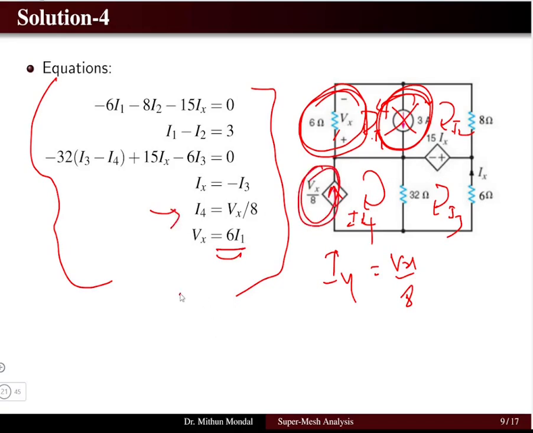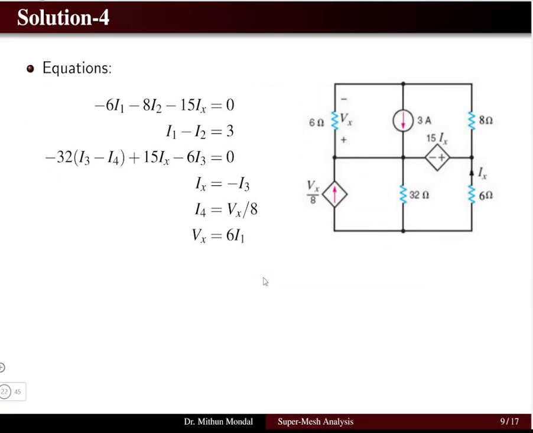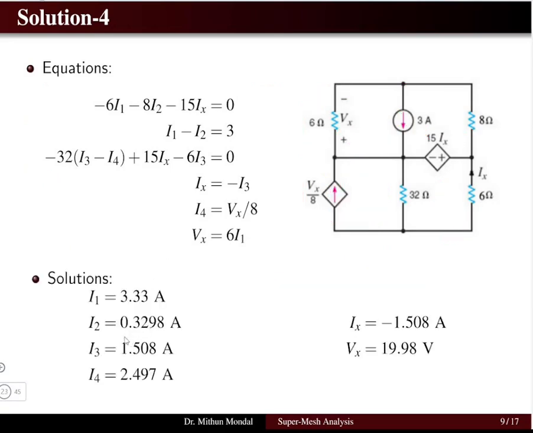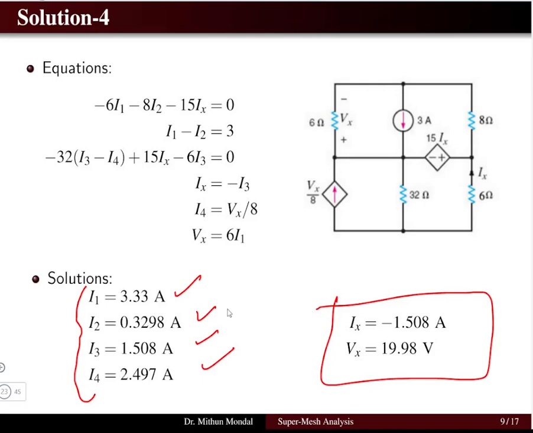So we have written all the equations that are related to the circuit, and once we solve them, we will get the mesh currents I1, I2, I3 and I4. Once we have got I1, I2, I3 and I4, it will be easy to determine Ix and Vx because Ix and Vx are dependent on the current that is flowing in the mesh. So this is the solution number 4.